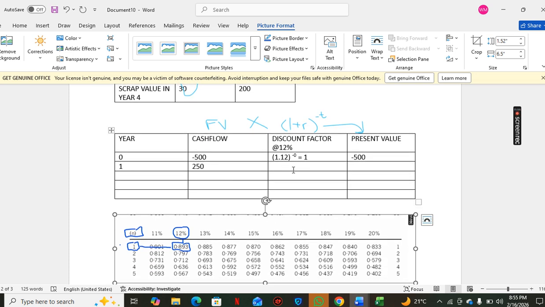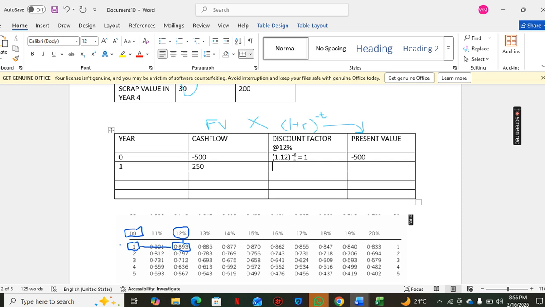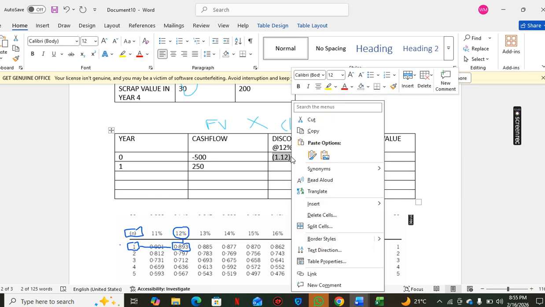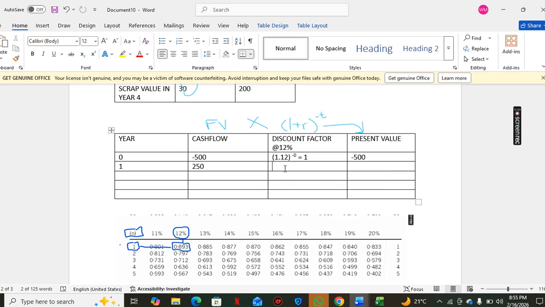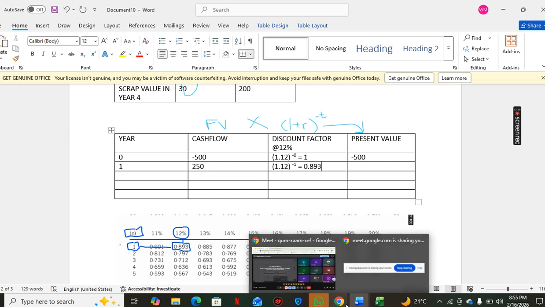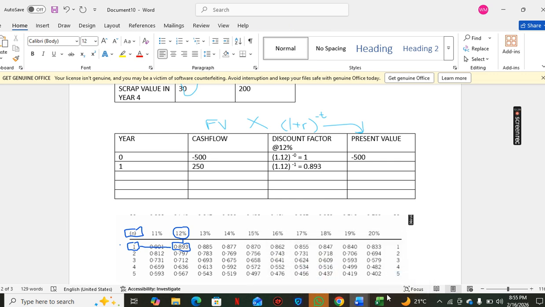So here, 1.12 to the power negative 1, you get 0.893. Those with calculators, 250 times 0.893. Or let me take it to Excel to make life easier.